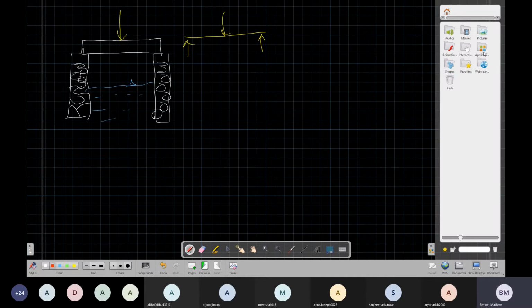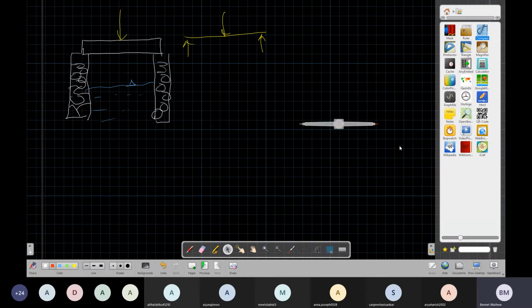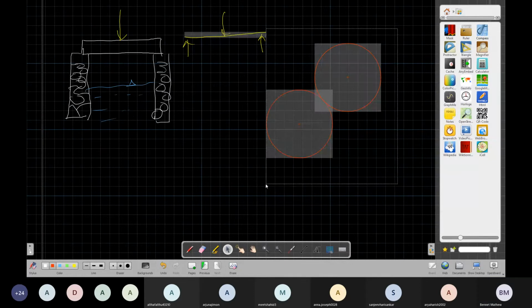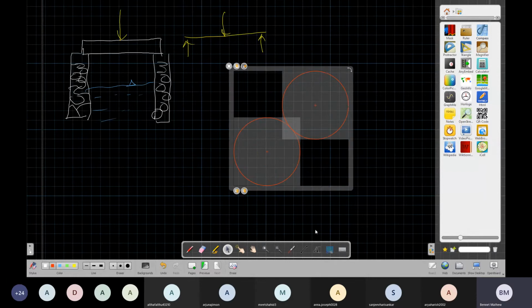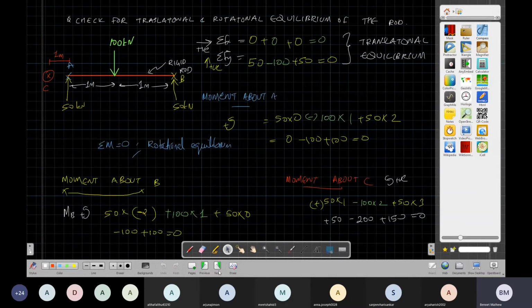So let's say I'll take my compass, smallest size, draw 2 circles. Right. Okay. Now we have studied rotational equilibrium, we have studied translational equilibrium. Now let's, for a moment, we will forget about moments.